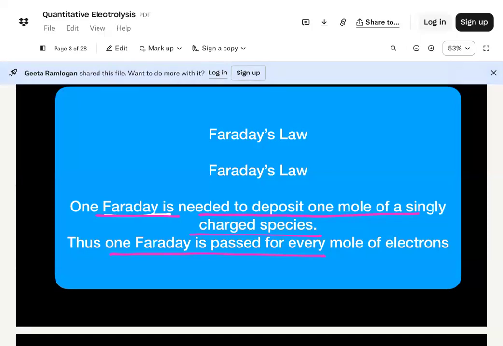Do you think the more electricity we use, the more products we'd form? True or false? Is that logical to think that? That if we use more current or run the cell for a longer time, that we'd get more product? Yes or no? Yes, so of course we think that. That's only logical, right? Okay, so let's go.